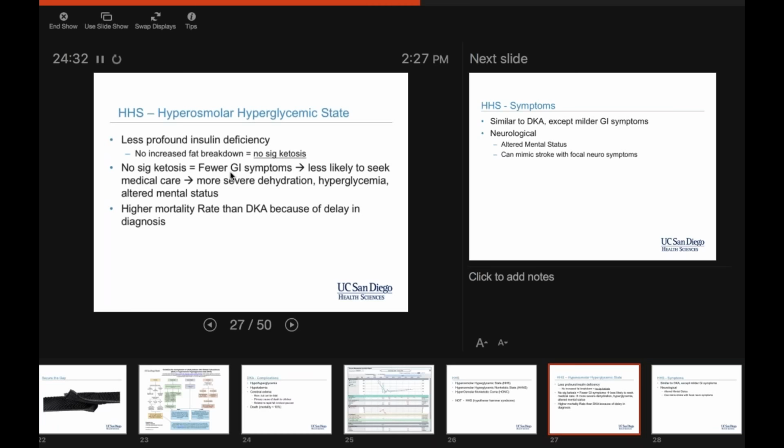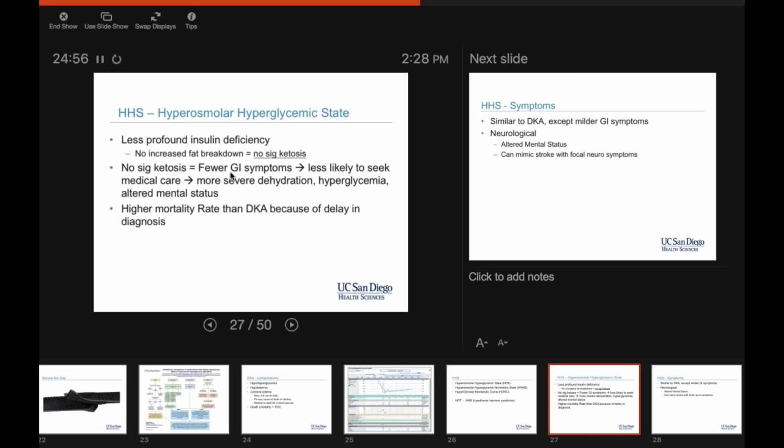You've got 1 or 2 insulins still roaming around, okay, so you're not making the ketones. But you get significantly less insulin than you need. So here you don't get the ketone production. Therefore, you don't get the GI symptoms. Therefore, you don't seek help very fast. And they sit at home and they become these raisins.